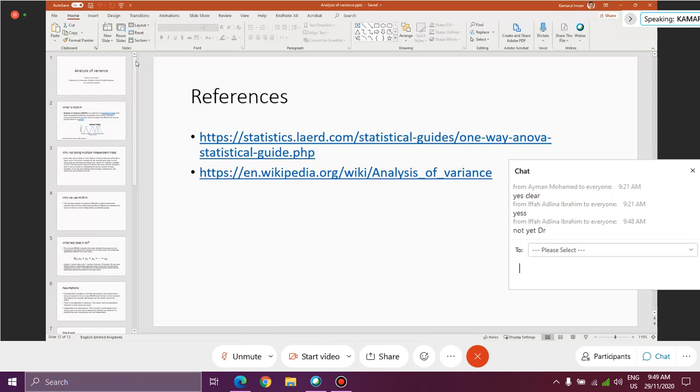For exam purposes, what kind of questions normally come from this ANOVA topic? Simple questions. Specifically, it's not going to be hands-on. I may ask you some concepts of ANOVA, maybe how to do ANOVA.